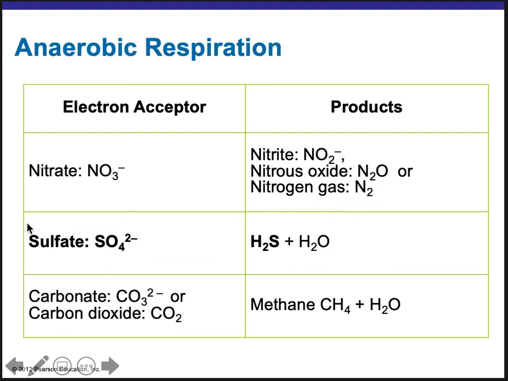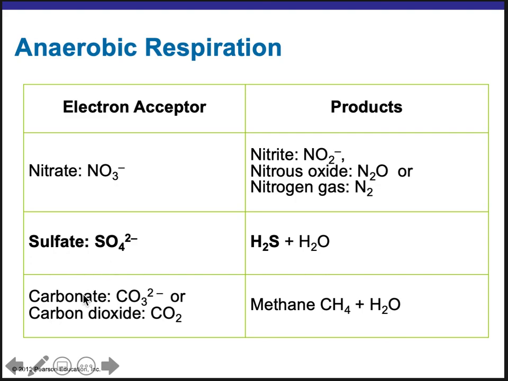We've already seen sulfate before, right, and hydrogen sulfide. And so we know there's some organisms that can use sulfate, but now we're talking about using sulfate as the final electron acceptor in respiration. It's a little different than what we were talking about when we looked at the SIM agar. Okay.